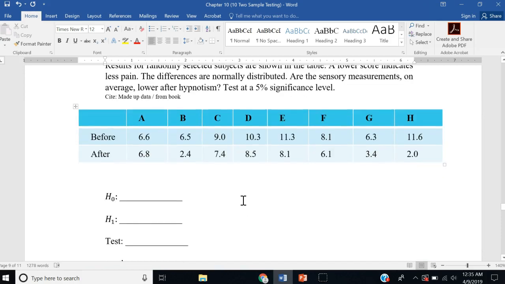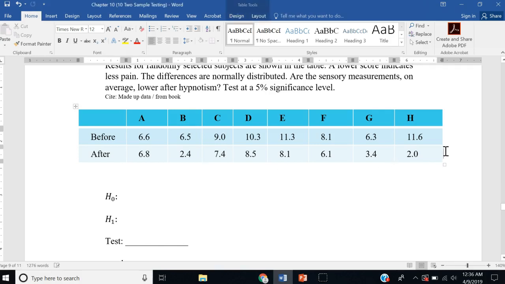Okay, so first off, let's start out by writing the null and the alternative hypothesis. Now, even before we do that, let's make our difference row here.